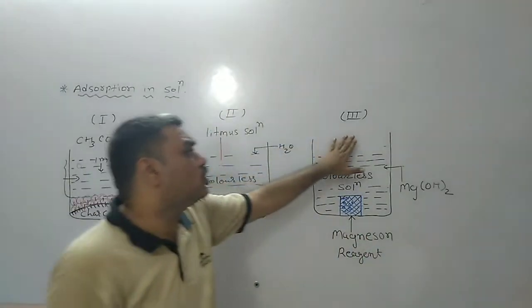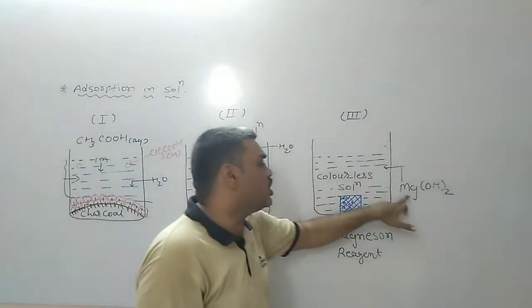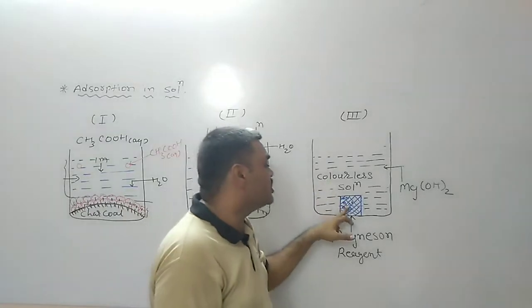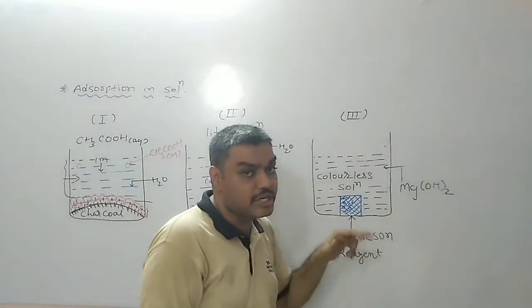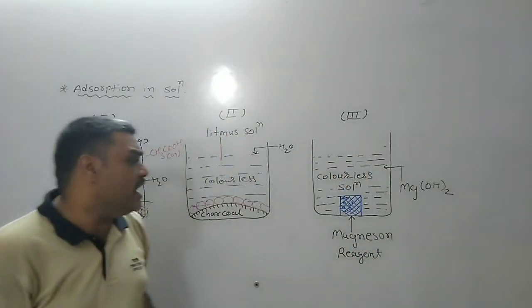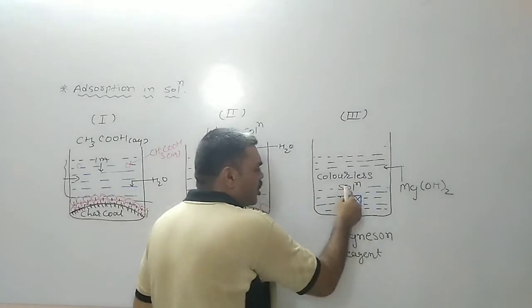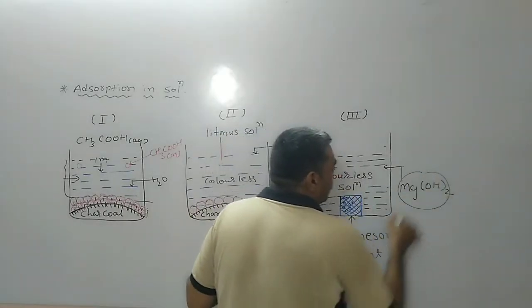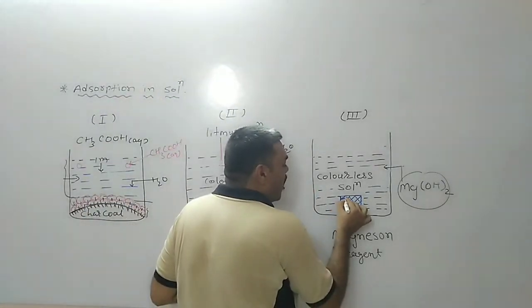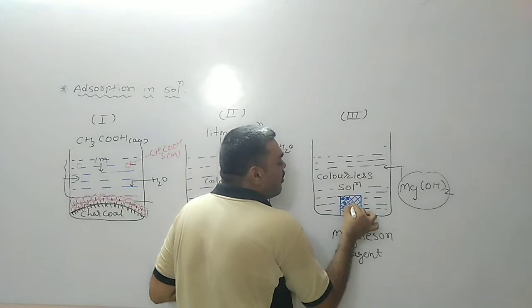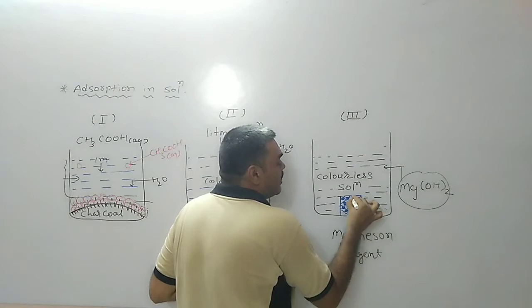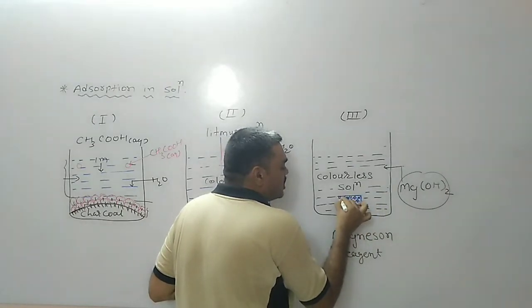In the third case, we take a solution of magnesium hydroxide, Mg(OH)2, and it comes in contact with magnesium reagent. Magnesium reagent is a reagent formed with magnesium, and from this colorless solution, the particles of Mg(OH)2 become adsorbed on the surface of the magnesium reagent with a blue color, forming a precipitate on the surface.